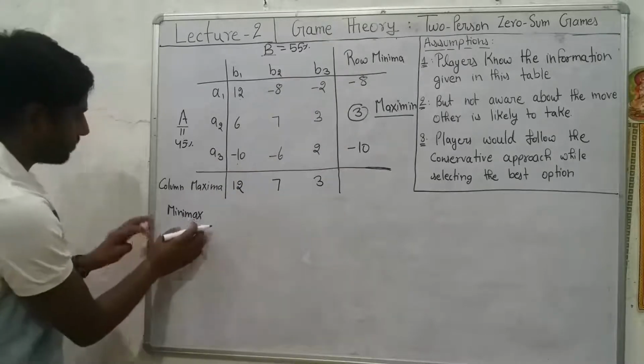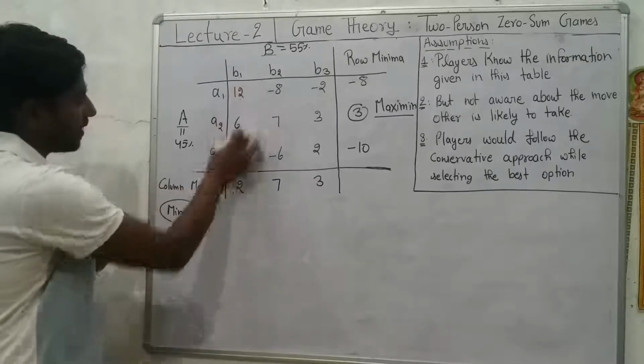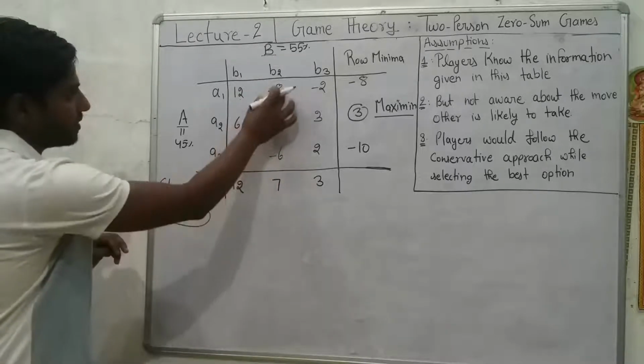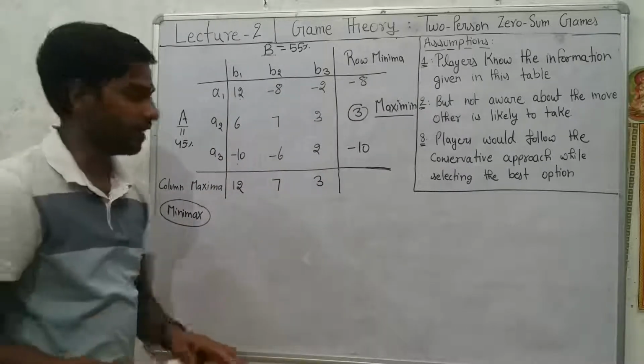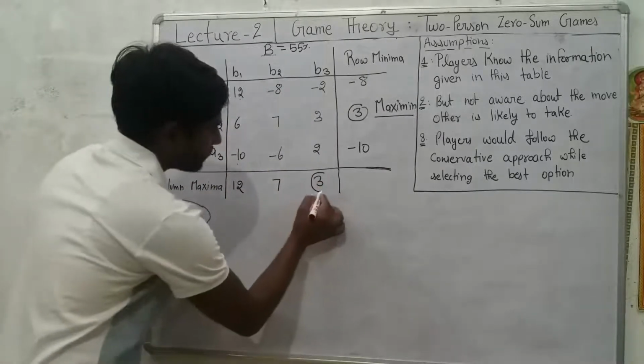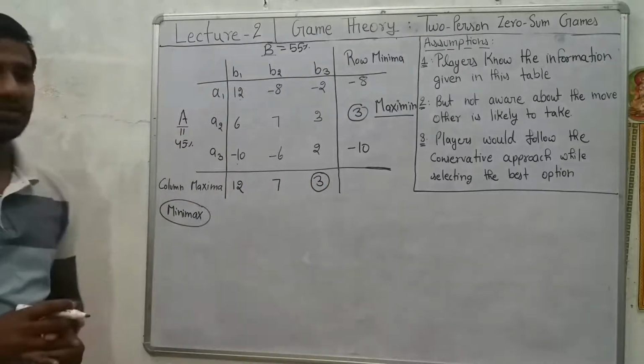That's why the company is going to select the minimum of these values. So we will call it minimax. Initially we selected the maximum value from each column, and then among them we are selecting the minimum value, and the minimum value is equal to 3.